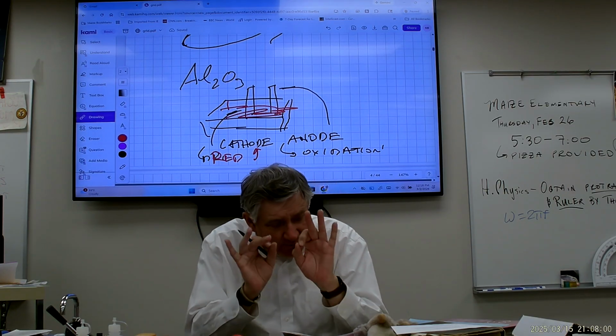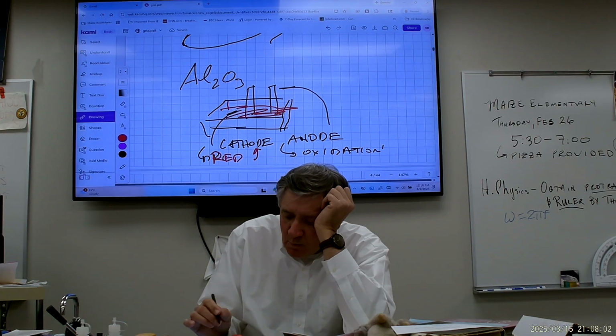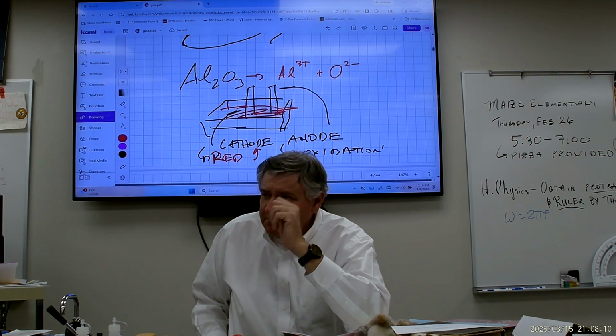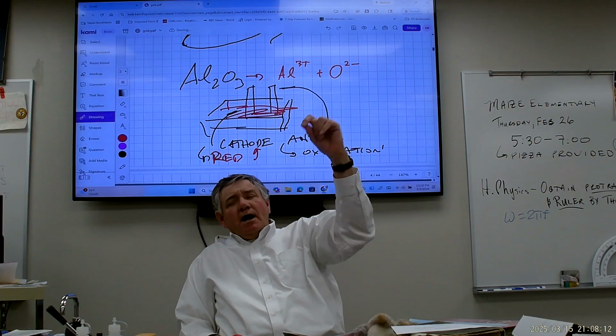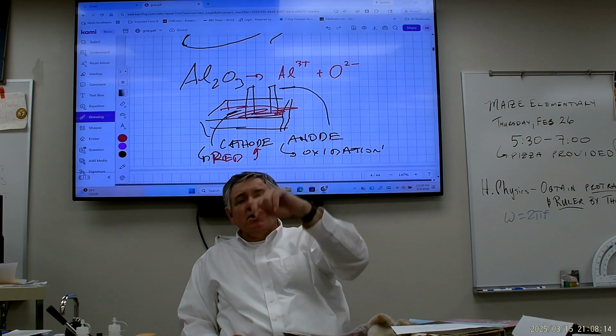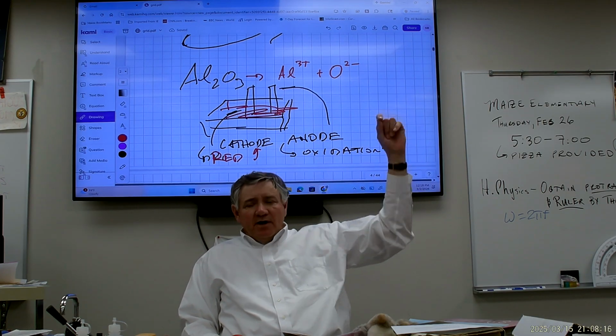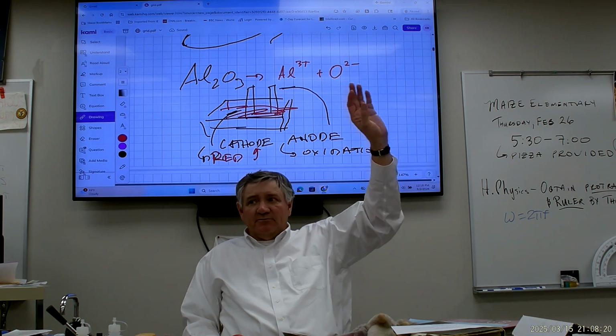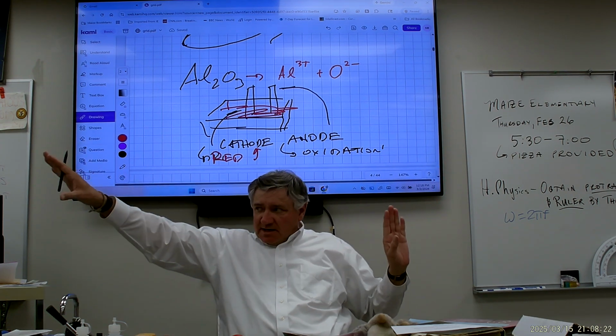So what's important to understand is that once that turns into molten, then you have aluminum ions and you have O2-. You do not have oxygen gas. You do not have elemental aluminum yet. You have aluminum ions, you have oxide ions.